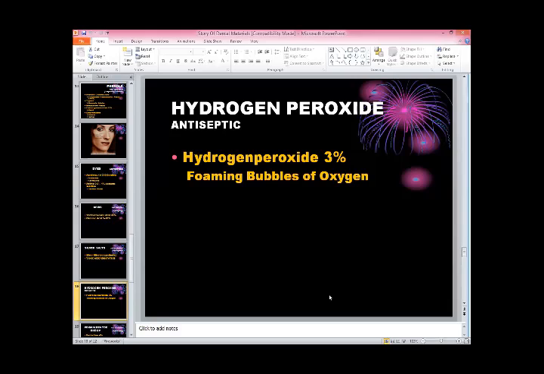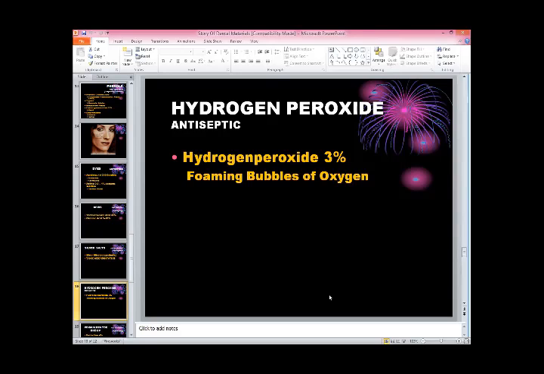This is the only compound which we use in discoloring or bleaching of teeth, because it oxidizes that particular area, and this oxygenation helps us. All the bleaching compounds in dentistry, whether home bleaching or otherwise, are derivatives of hydrogen peroxide.